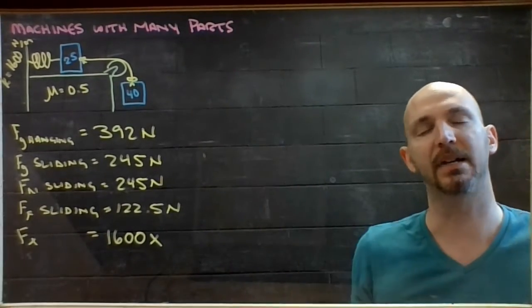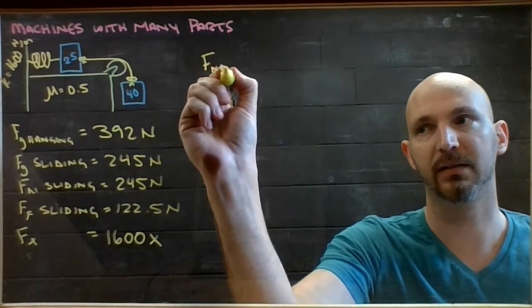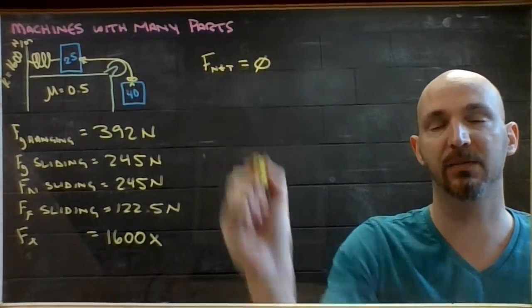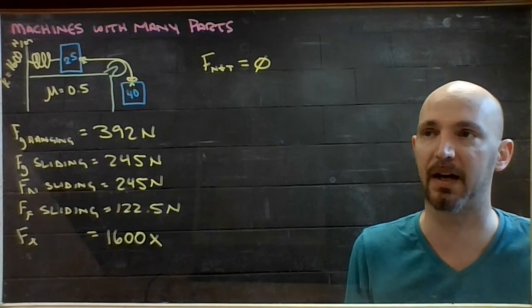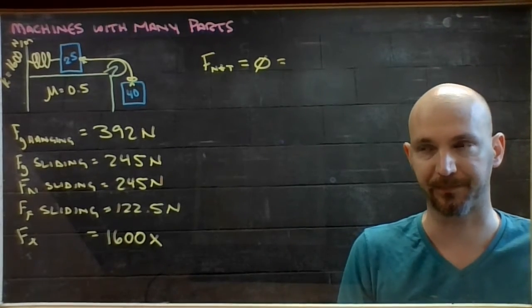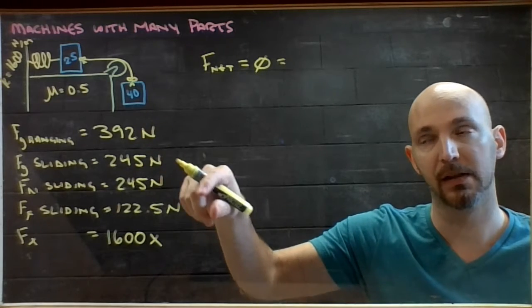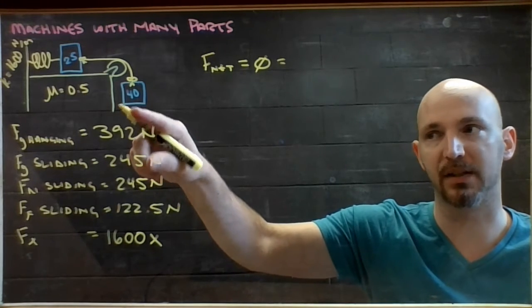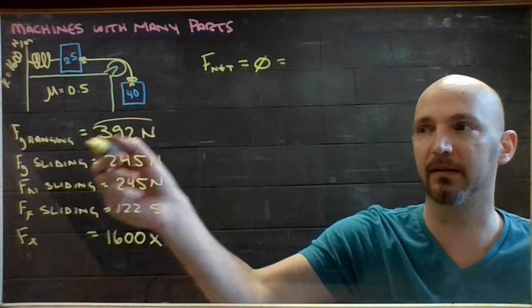So if I want this thing to be stuck, then if I add up all of these forces, I should get a net force of 0. That's what stuck means, that there is no net pull this way and no net pull that way. So if I look at this machine, if it's going to move, the 40 is going to drop. So the force that's going this way is this one here from the hanging mass.